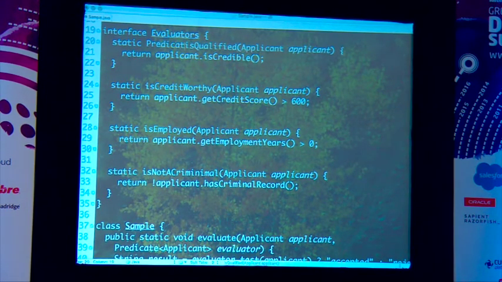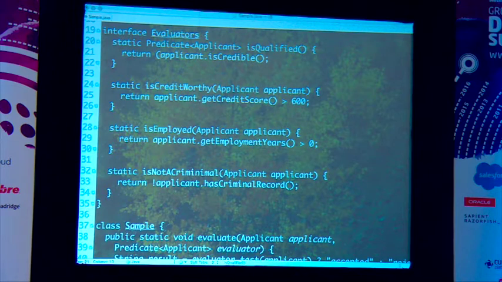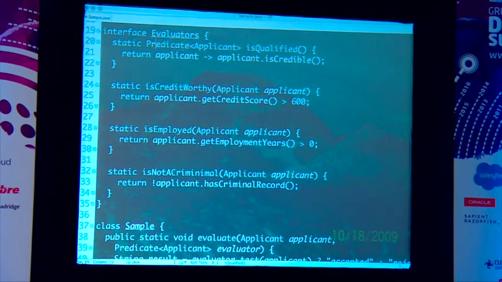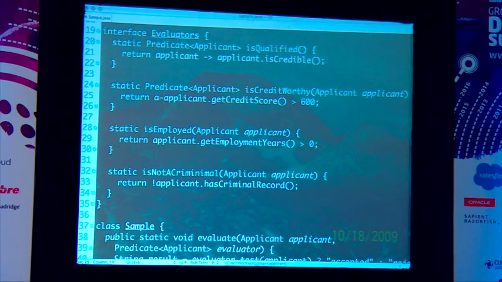I'm going to say Predicate of Applicant isQualified, and I'm going to move this applicant from there into here. So I can say applicant arrow applicant.isCredible. So that is our first thing. Likewise, I have to return a predicate for isCreditWorthy, but the way I'm going to do that is I'm going to take an applicant here as a parameter and return if it is that one.